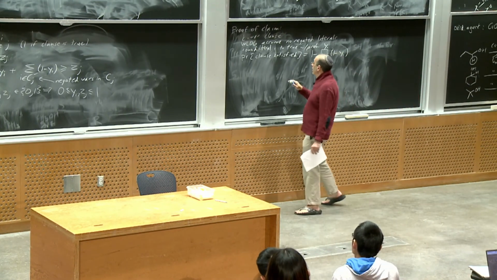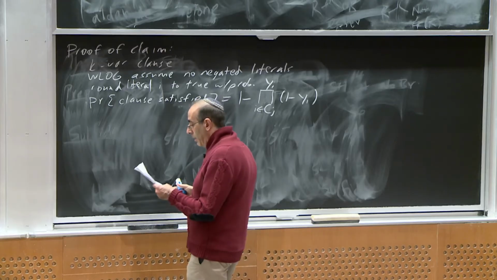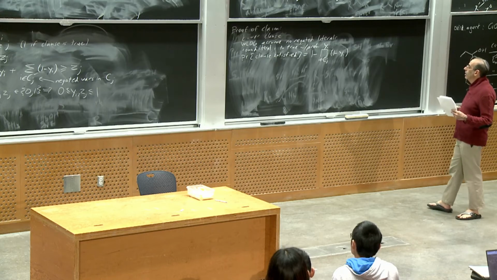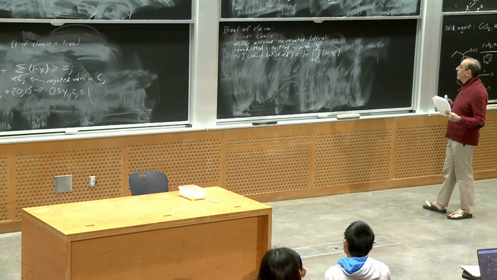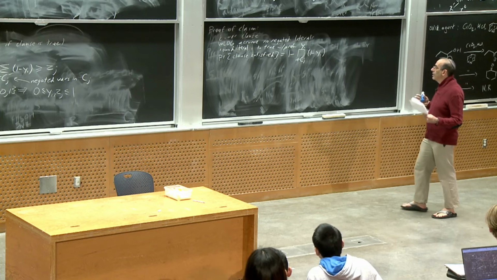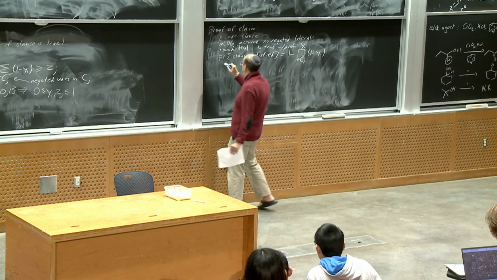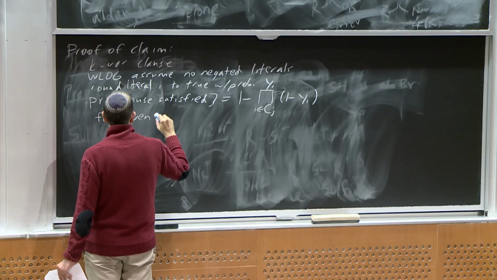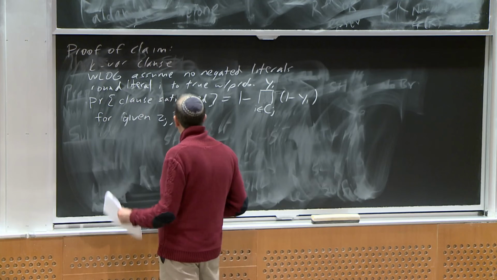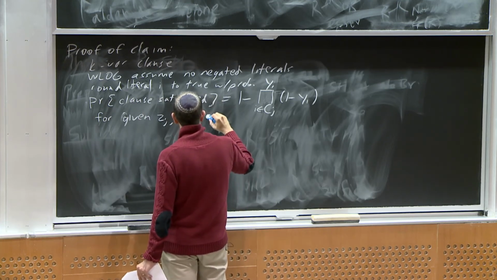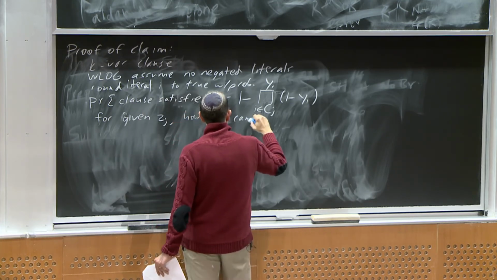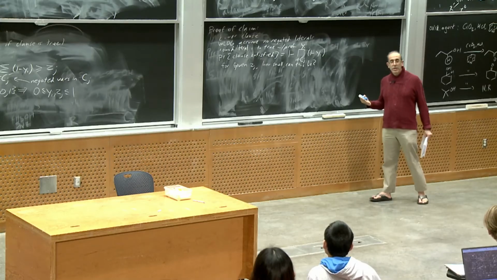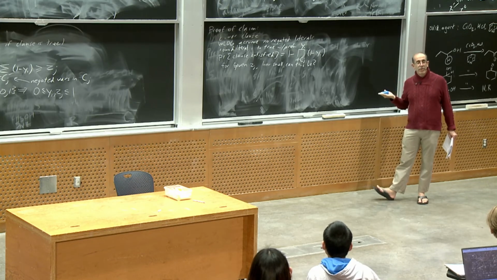So we're interested in how this quantity relates to zj, right? So for a given zj, the question is, how small can this be? Right? We're trying to argue that if zj is large, you have a large chance of satisfying the clause.